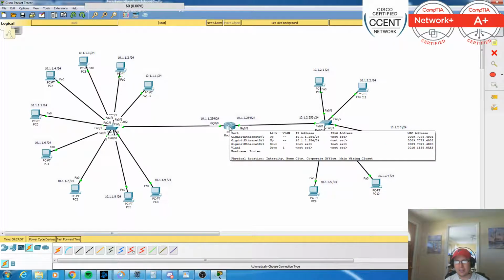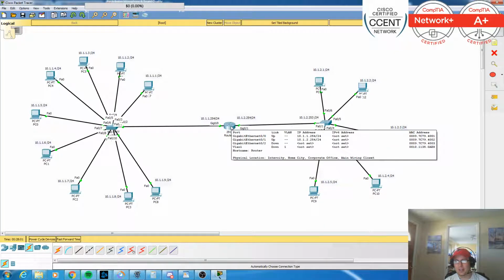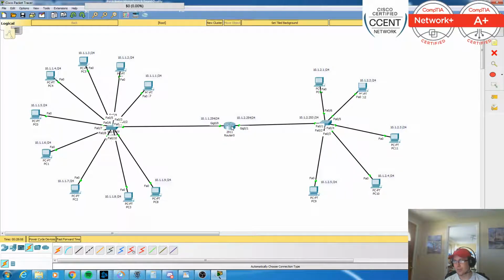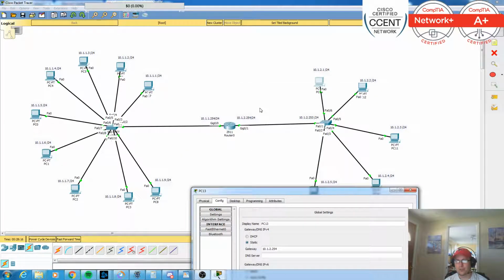So remember, by default, if you're replicating something like this and you're using Packet Tracer, you need to enable your ports on the router. I've already done that for you, and I've done nothing crazy to this point. All I've put in around each of these PCs is the default gateway, which goes to here.